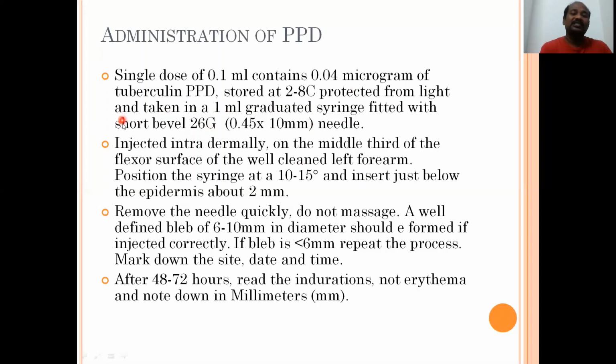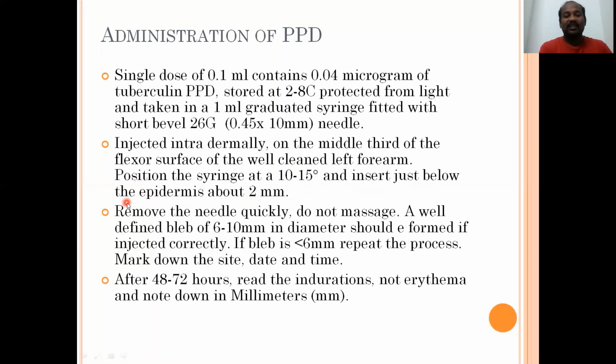The test should be given intradermally on the middle third of the flexor surface of the well-cleaned left forearm. During the injection, the syringe should be positioned at 10 to 15 degrees and inserted just below the epidermis, about 2 millimeters.